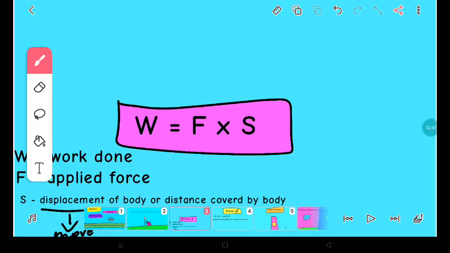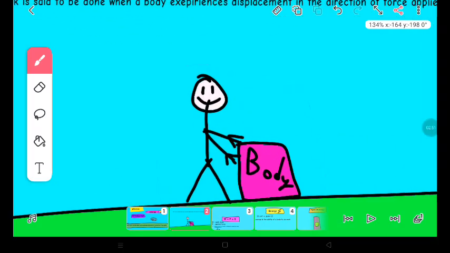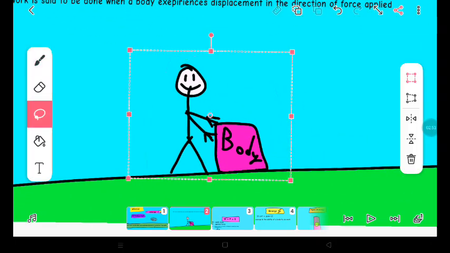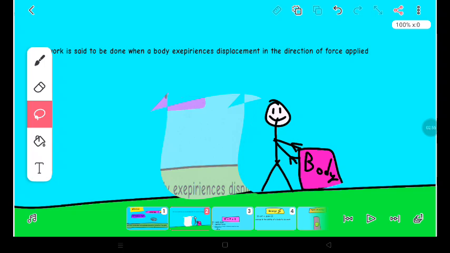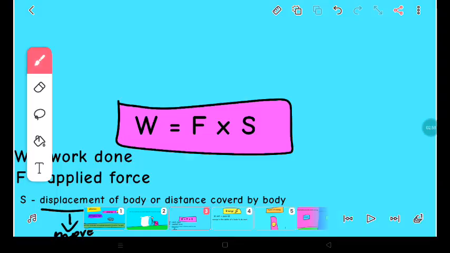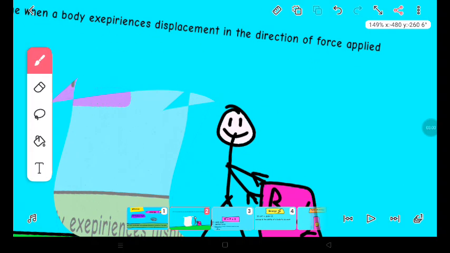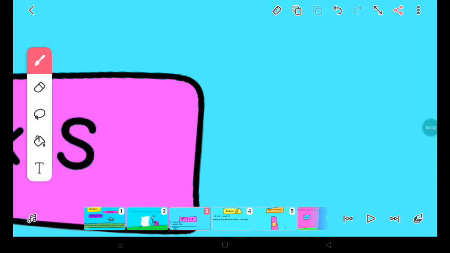Let's take the same example. This stickman did some work.